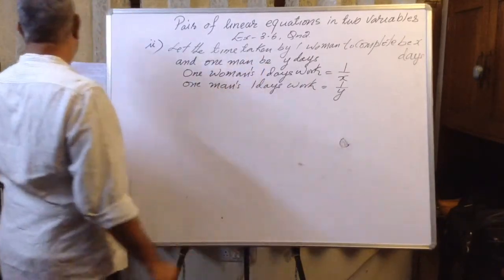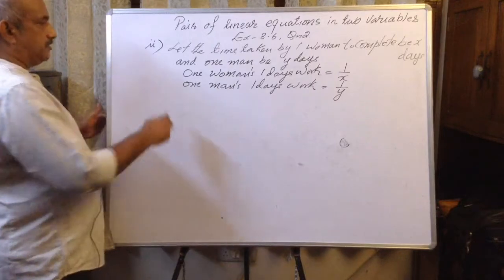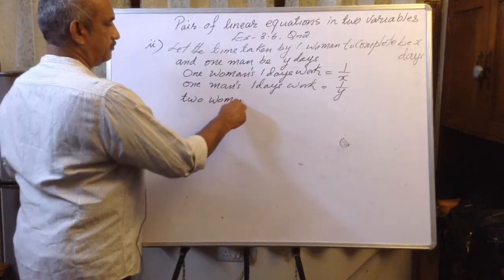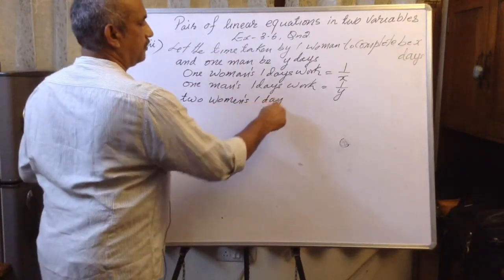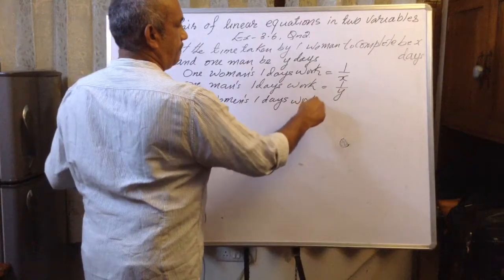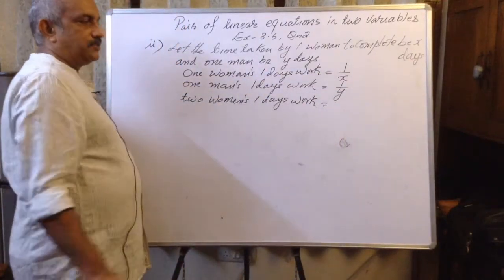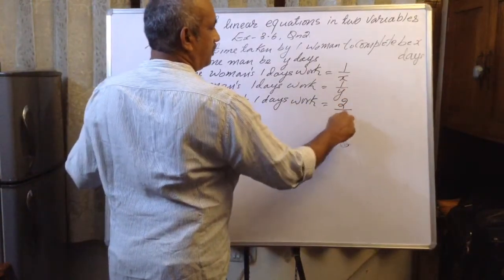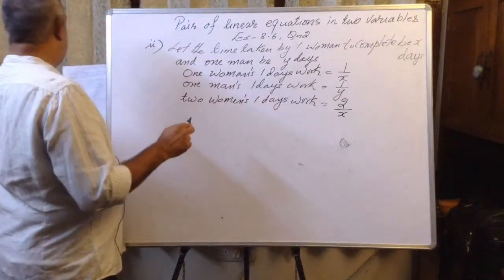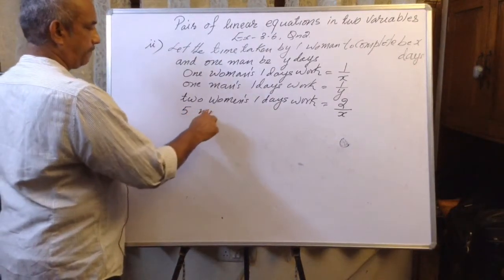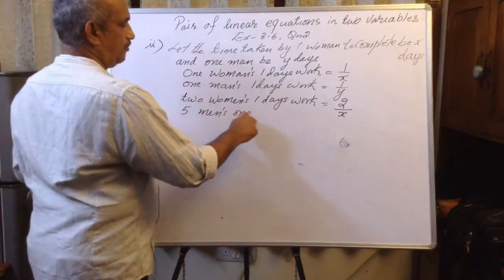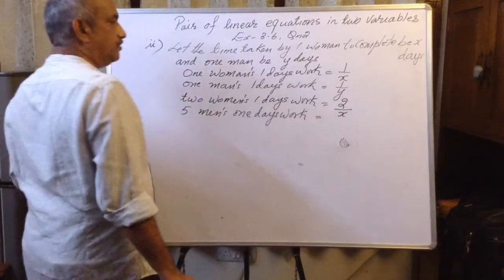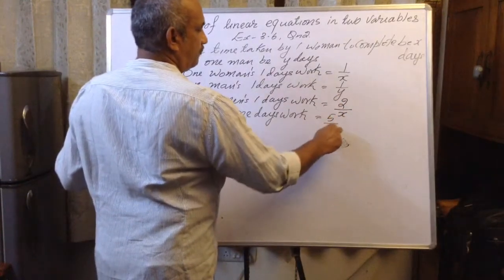Now, the question says 2 women's 1 day's work. Always one woman's is 1 upon x, that means for 2 women you have to multiply by 2, so 2 into 1 upon x, 2 upon x. Similarly, 5 men's 1 day's work is equal to 5 into 1 upon y, 5 upon y.